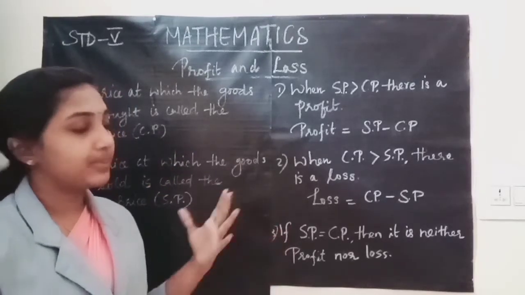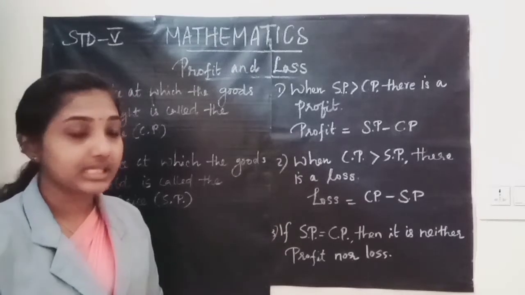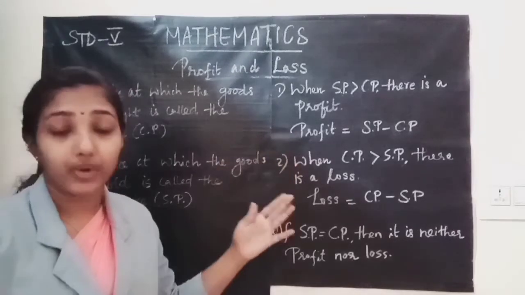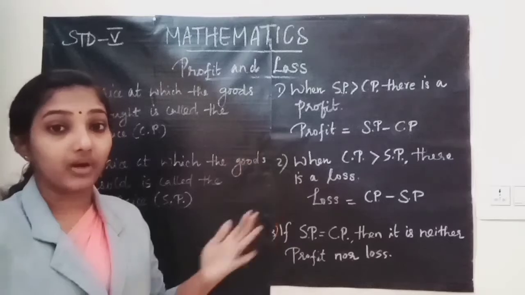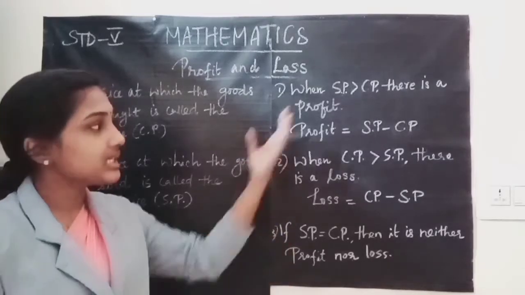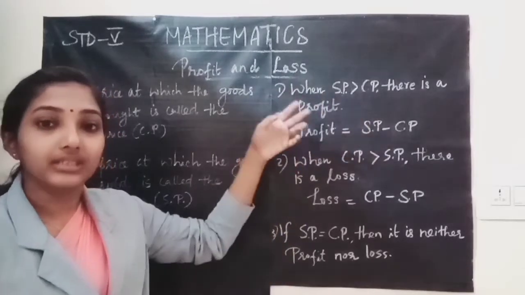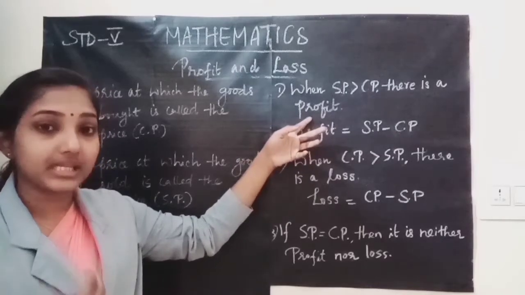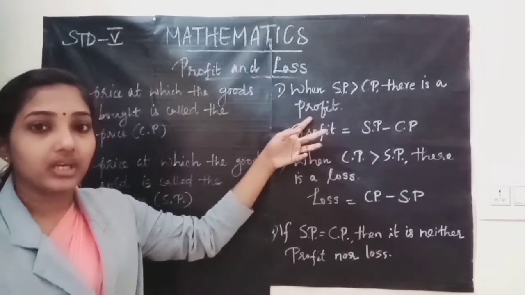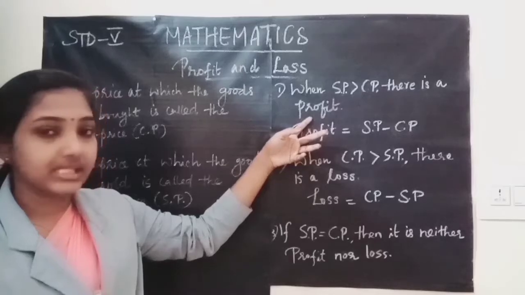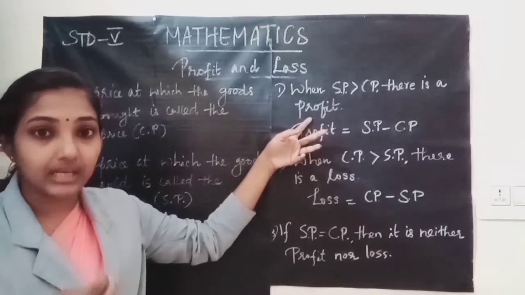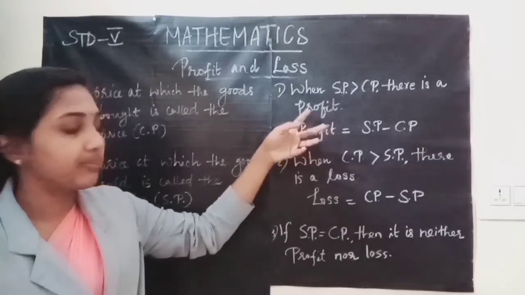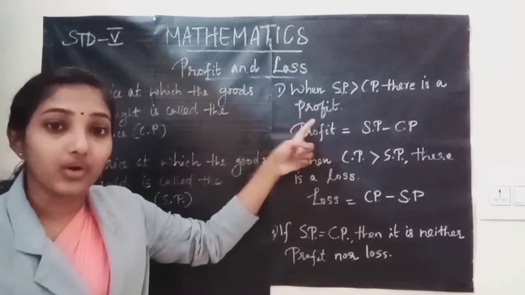Okay, when the selling price is greater than CP, there is a profit. We make a profit. We'll get some extra amount. That extra amount is called the profit.